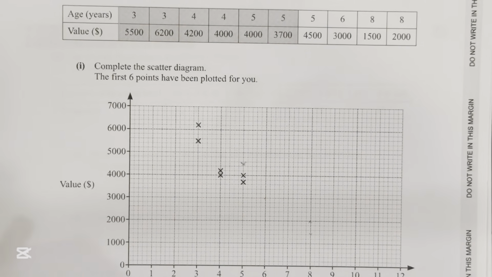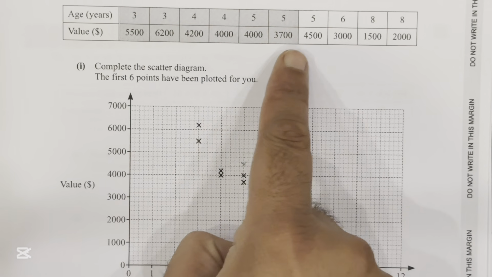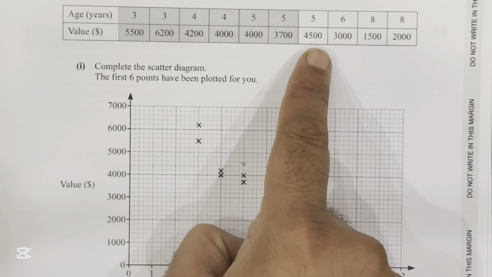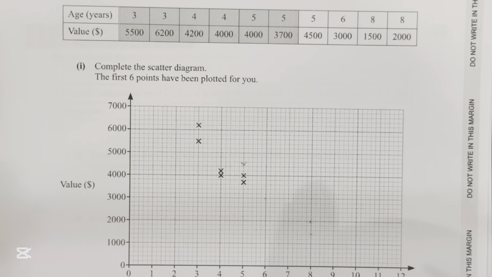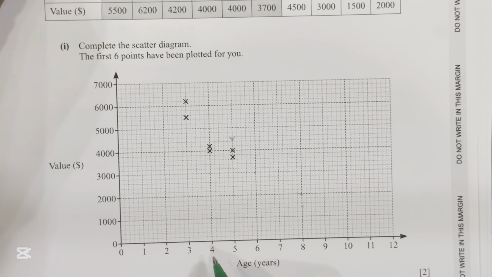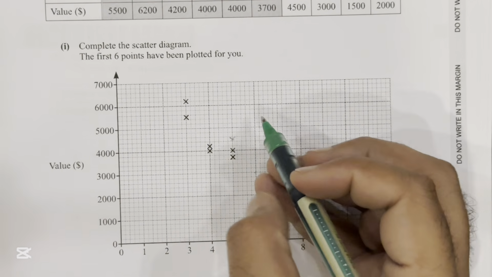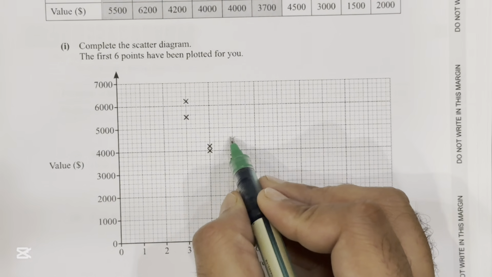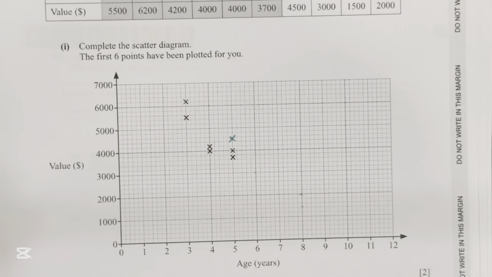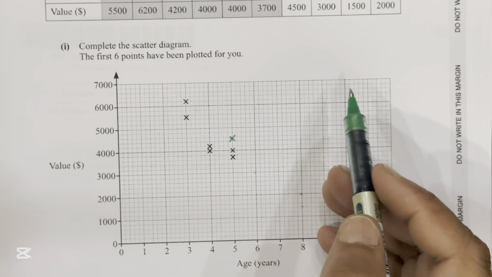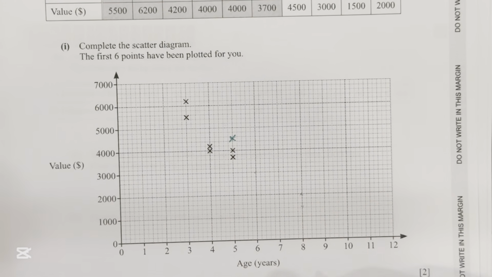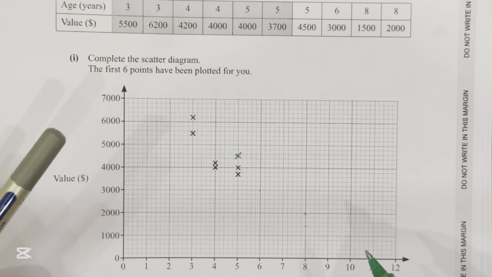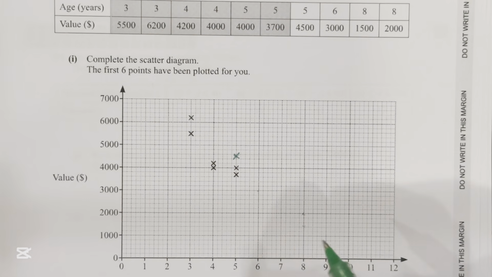Okay, at 5 there are 2 other values and we have to plot the third value, that is equal to 4500. So we will move towards the graph, that is 5, and it is shown by 4500. So it will be between 4000 and 5000, almost over here. And at 6 the value is 3000.